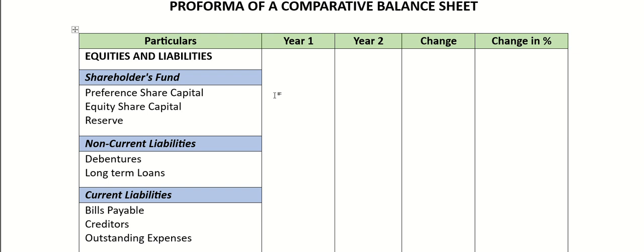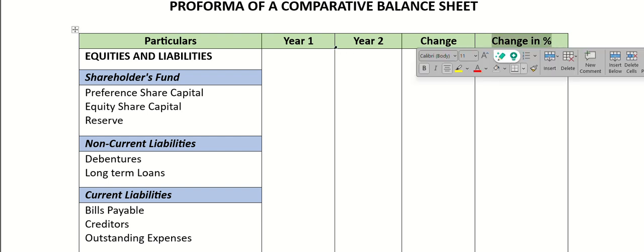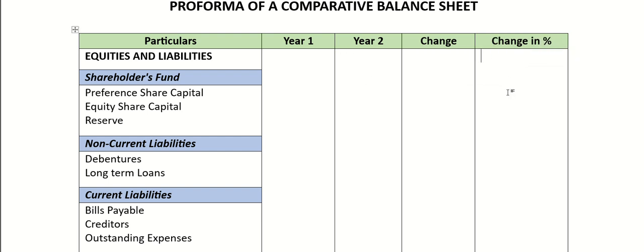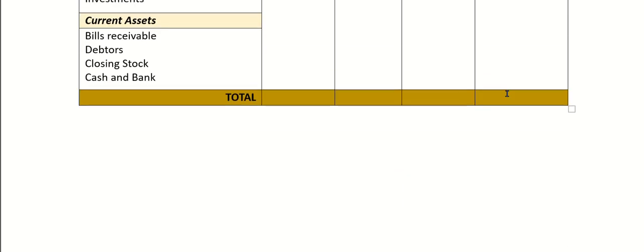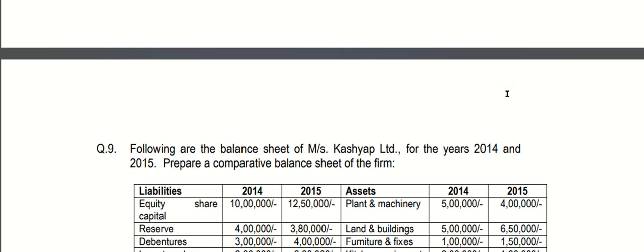So we have year one, year two, the change. Then what is change in percentage? We know when we compared year two with year one, we found some change. Now we are going to see what percentage of change had happened in this. It will be written here. Don't worry, very simple task. We can see the task with an example.